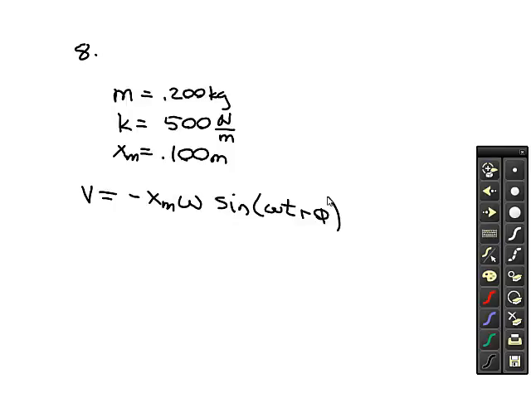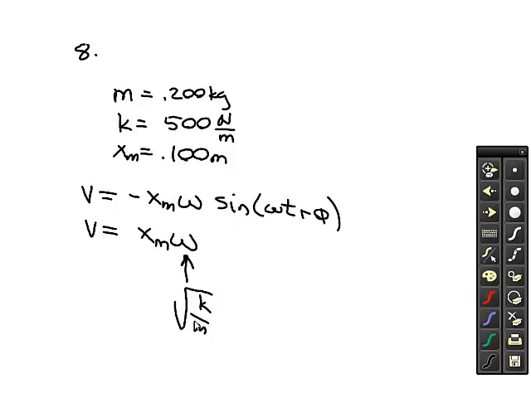If that's the velocity at any time, maximum velocity is x sub m omega, because when the sine equals 1 or negative 1, we've reached a maximum or minimum for v. So there's our maximum. X sub m, they gave it to us. Omega is the square root of k over m. Look, they gave us k and m. So we're set.